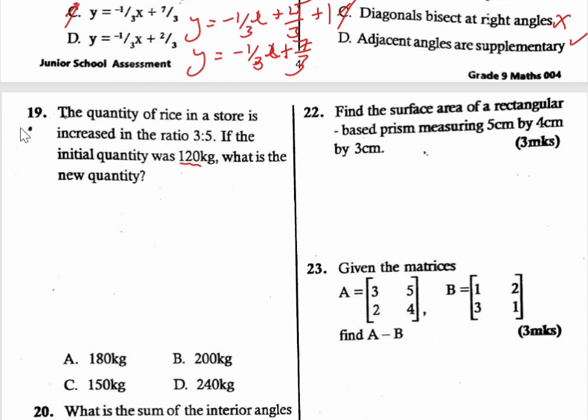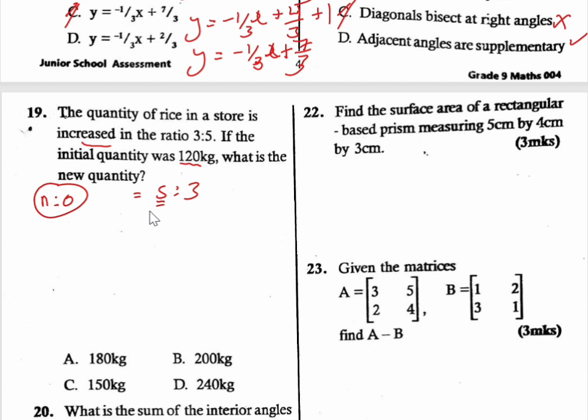We know that when you increase in a ratio, you usually present the new to the initial or old. So when you're told it is increased in the ratio, the higher number is 5, so the ratio is 5:3. This is the new to the old number.